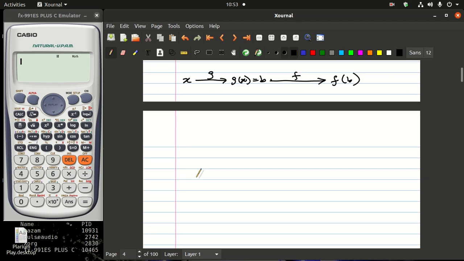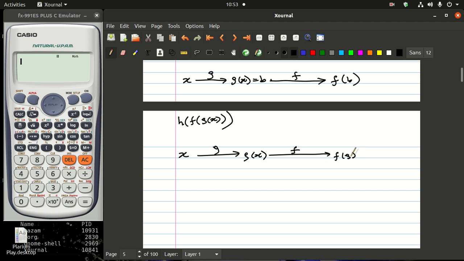Just to mention another good example, if someone says I have h of f of g of x, I take my x in the domain of g and plug it in g. I get g of x, and then I plug that value in f to get f of g of x.